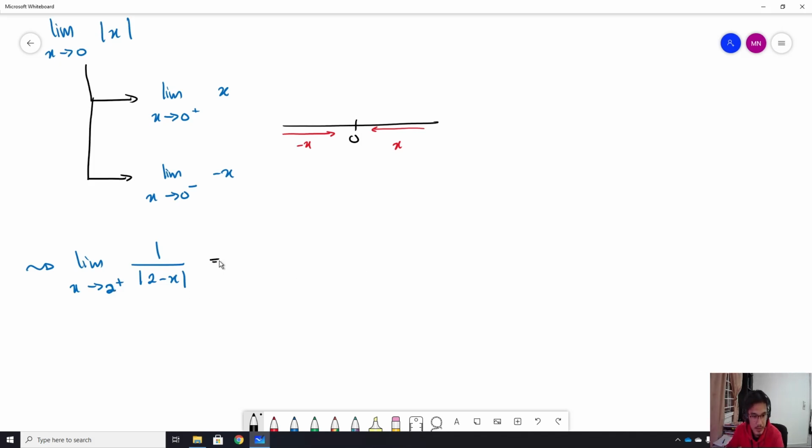So it will be equal to limit x approaching 2 from the right side of 1 over 2 minus x. So then we have 1 over 2 minus 2 equal to 1 over 0. So then it equals infinity.